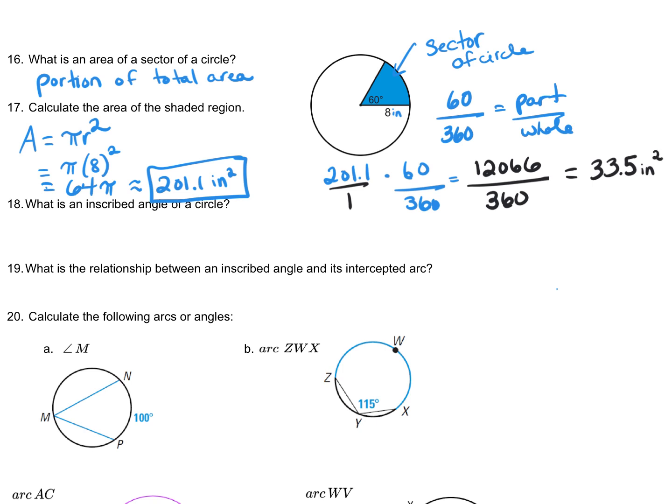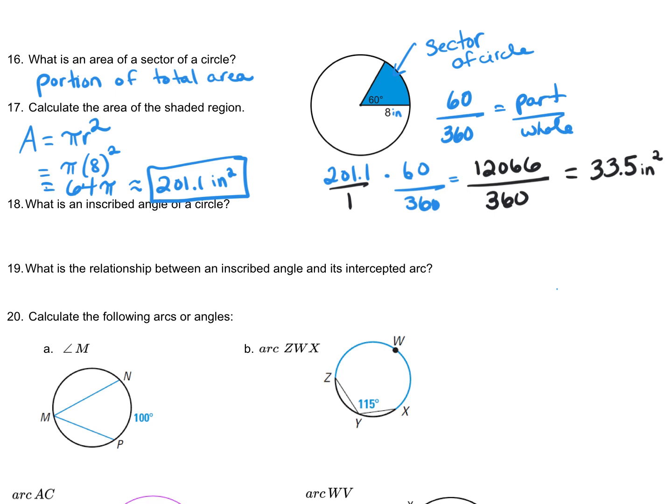Now you can do the division first. You can do 60 divided by 360, and when you do that, you get 0.166 repeating.